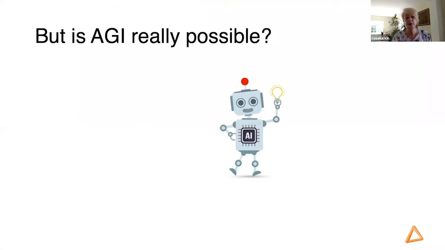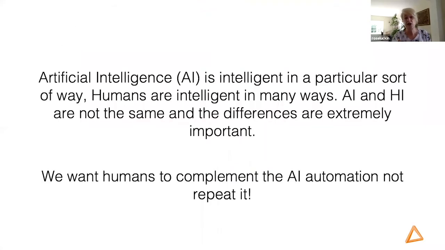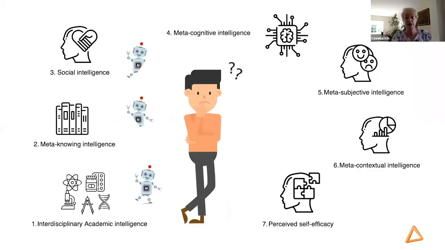So is that possible? I don't personally believe so, but many researchers do. But I think we really have to remember the difference between artificial and human intelligence when we think about artificial general intelligence. And we need to remember that our own human intelligence is rich and varied in a way that none of our AI systems are at the moment. And just in the way that when we had a chess-playing computer, we underestimated how difficult vision was, I think we underestimate many of the different facets of our complex human intelligence.